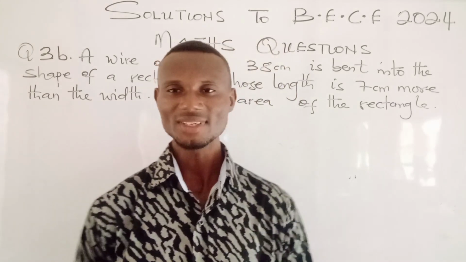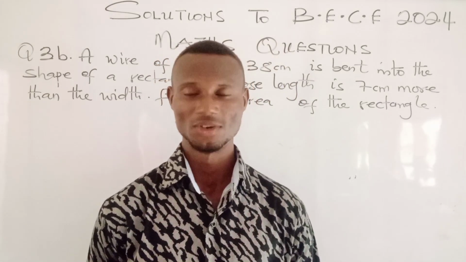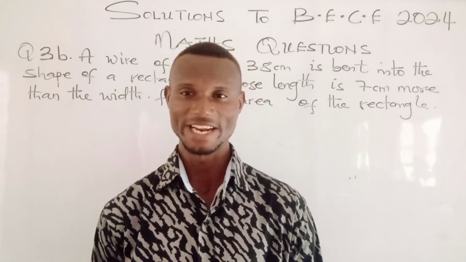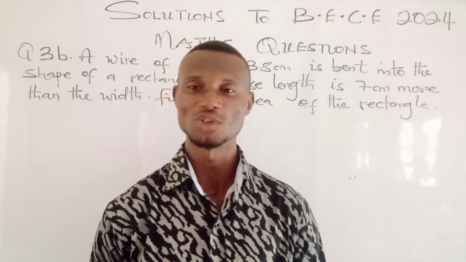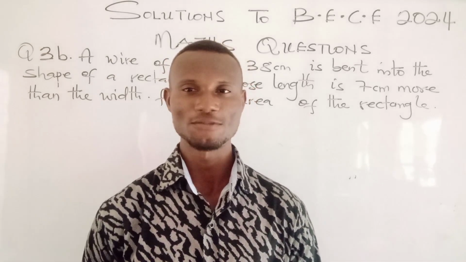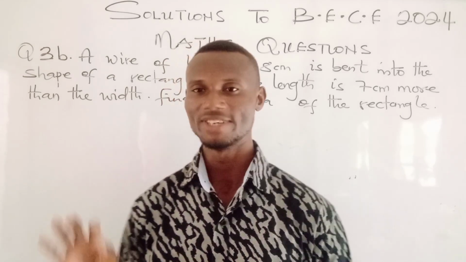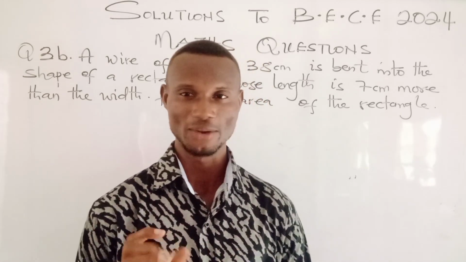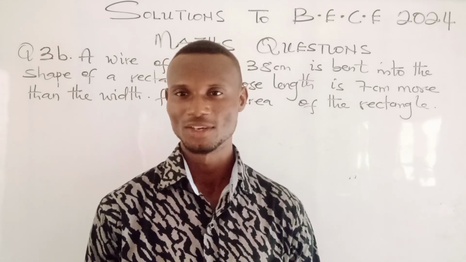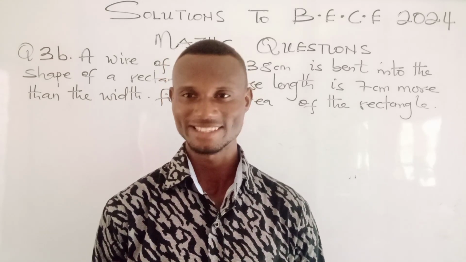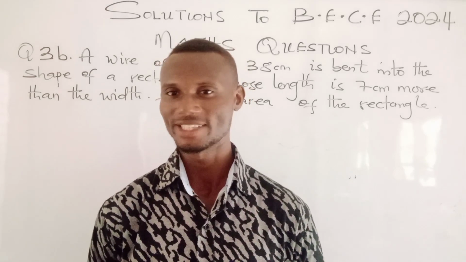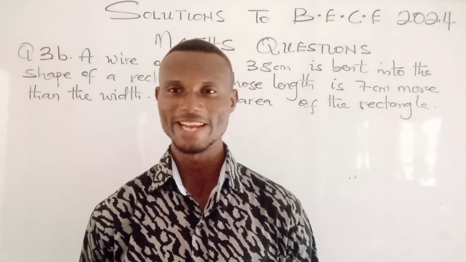Now I've explained to you from the previous videos, when we're doing the perimeter and area of plane figures, that anytime you have word problem questions of this nature, the first thing to do is that you need to read the question at least twice so that you get the understanding, because your understanding of the question is part of the solution.